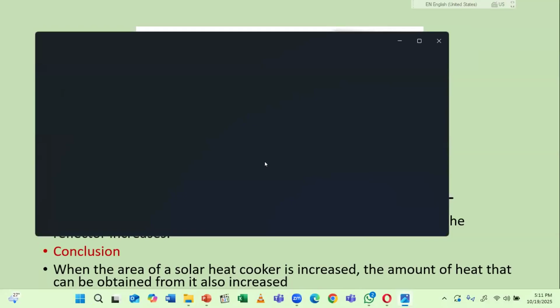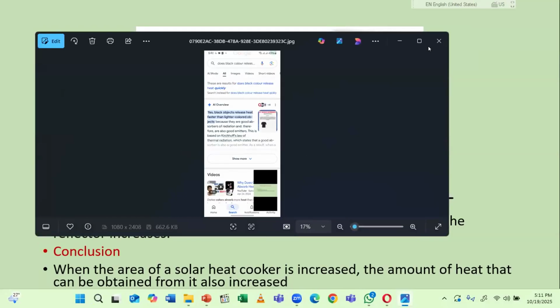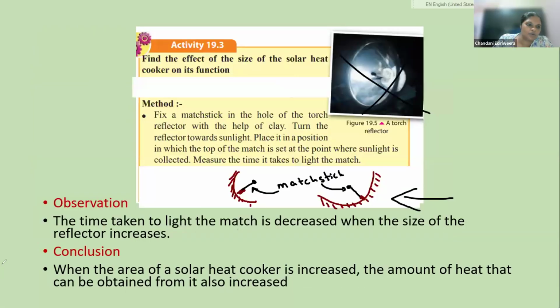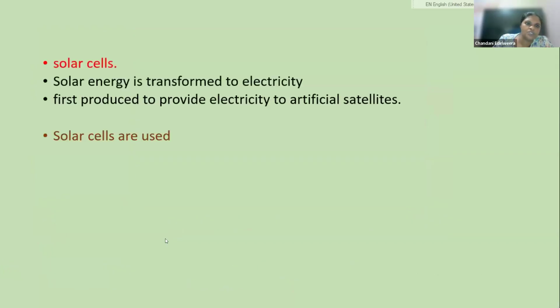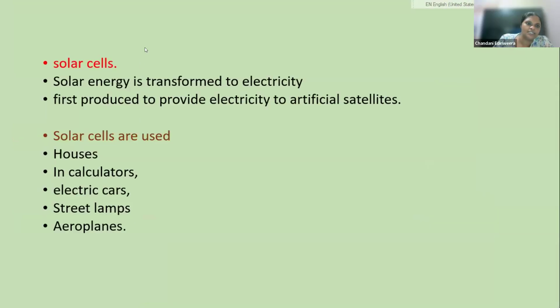Okay, teacher. Then write the topic. Solar cell.